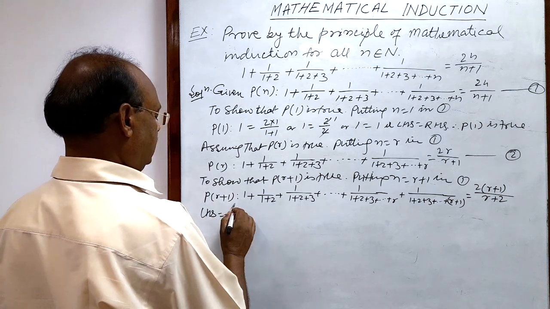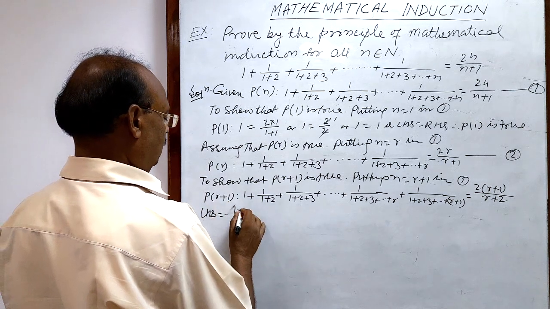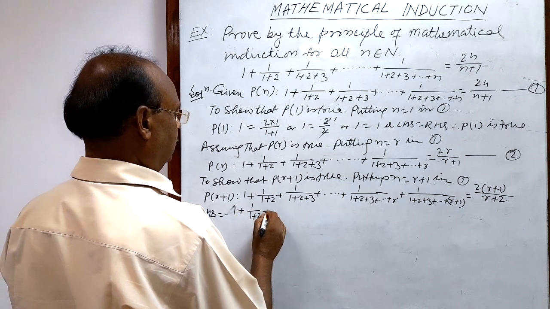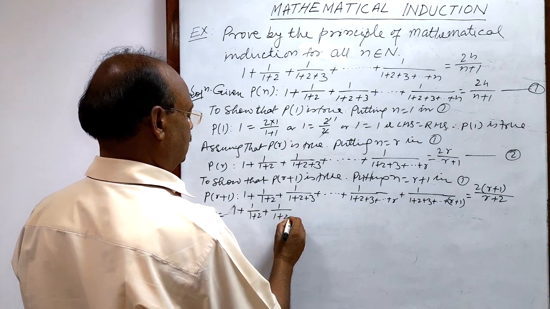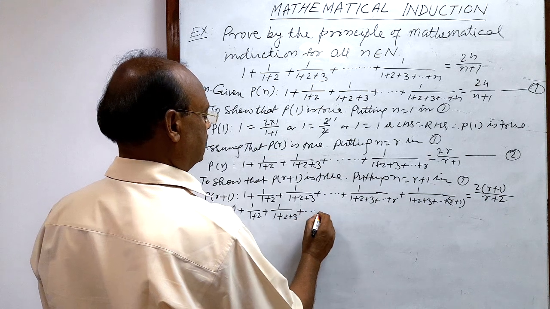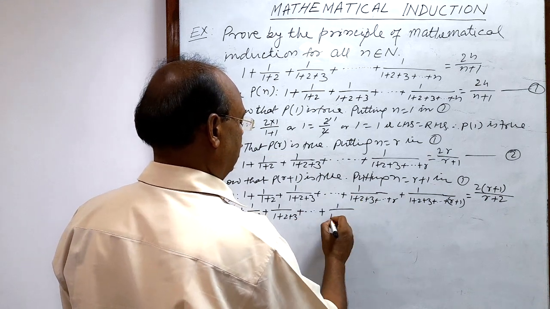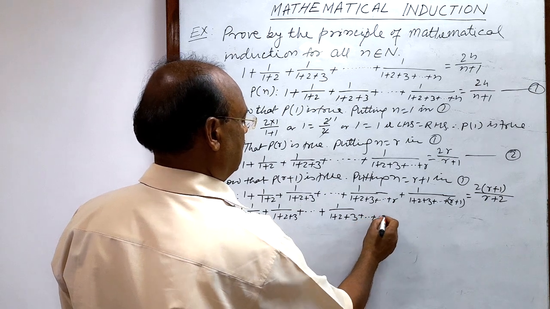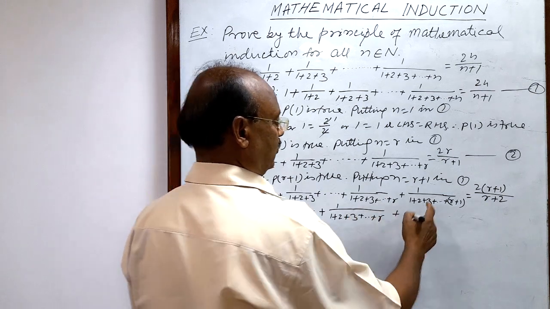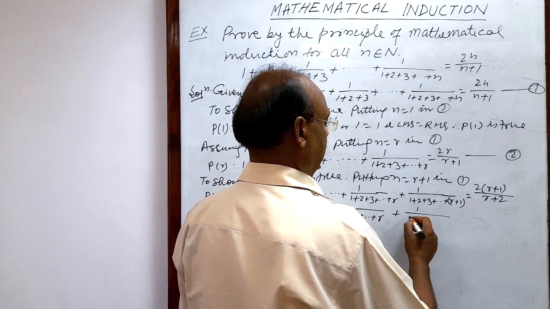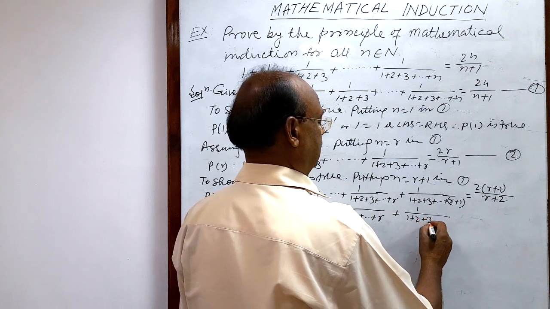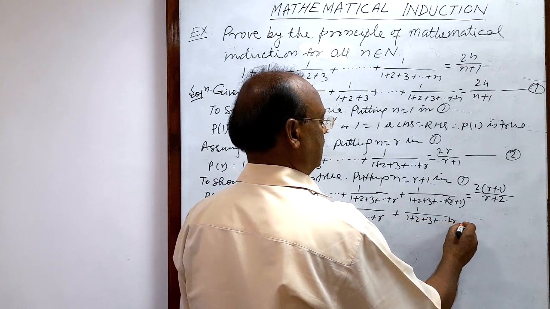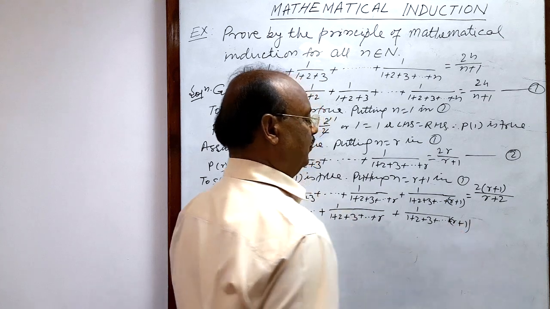Here LHS is 1 plus 1 by 1 plus 2, plus 1 by 1 plus 2 plus 3, and the r-th term is 1 by 1 plus 2 plus 3 up to r, and the r plus 1 term is 1 by 1 plus 2 plus 3 plus up to r plus 1.